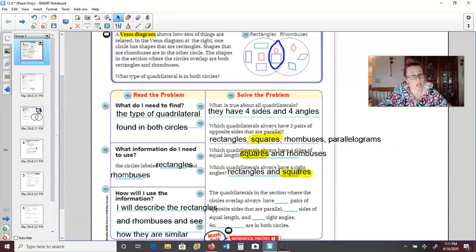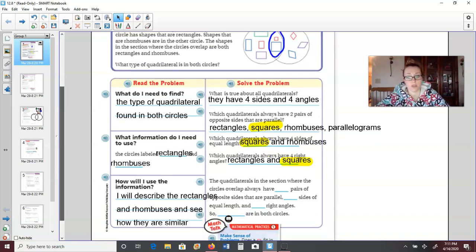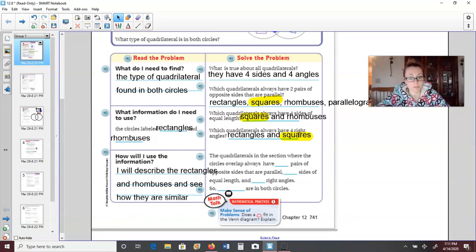Because squares can technically be called rectangles because they have 4 right angles, they have 2 pairs of parallel sides, and opposite sides are equal. And yet squares are also considered rhombuses because a rhombus just has to have opposite sides parallel and all 4 sides equal, which squares do. So I think we found our answer here.